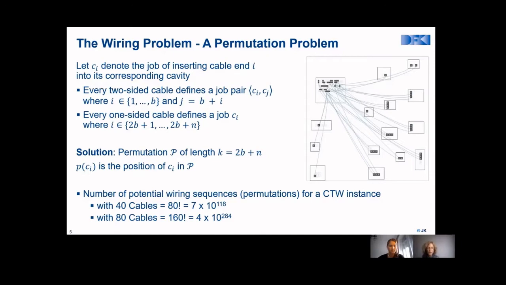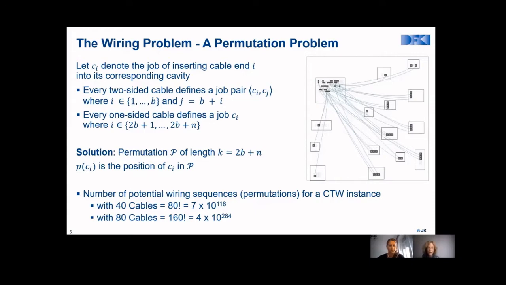In this permutation, p of Ci is the position of Ci in the permutation P. The number of potential wiring sequences or permutations for a CTW instance is very large. For example, if 40 cables are given and both ends are two-sided cables, then we need to compute a permutation of length 80.